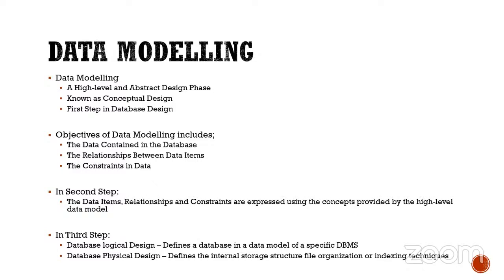The third step actually comprises two steps: database logical design and database physical design. In the logical design, while we were using a textbook on Access database design and programming, Microsoft Access is an example of a DBMS.